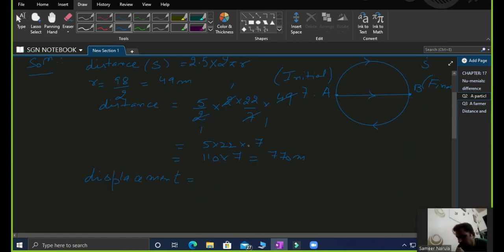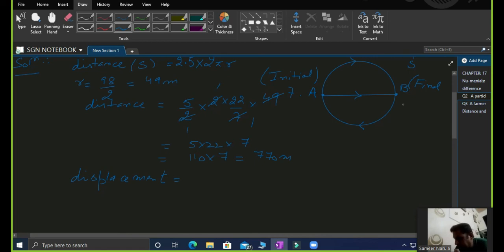Regarding displacement, just try to see what we have with us right now. A was the initial position. Now this is the first round. This is the second round. Now this is 2.5 rounds. The object has reached the B position.